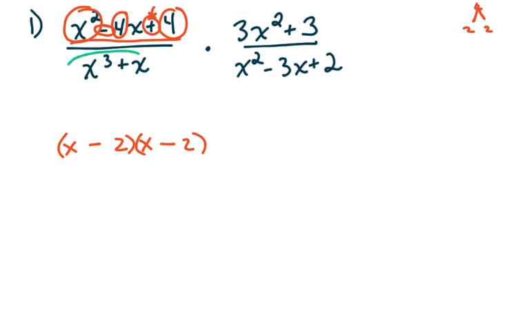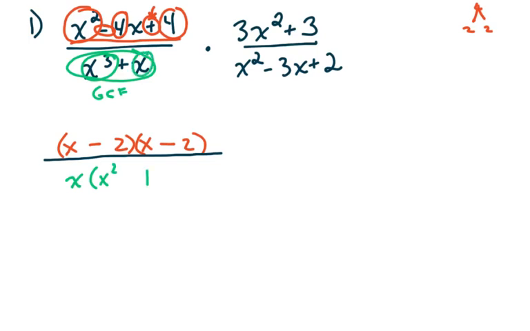Now we're going to do the same thing for the denominator. This denominator is 2 terms, so remember the chart we did before. If it's 2 terms, you think GCF first, then difference of perfect squares. This is a GCF. The greatest common factor is x. When you take x out of x to the third, you're left with x squared. When you take x out of x, you're left with 1.